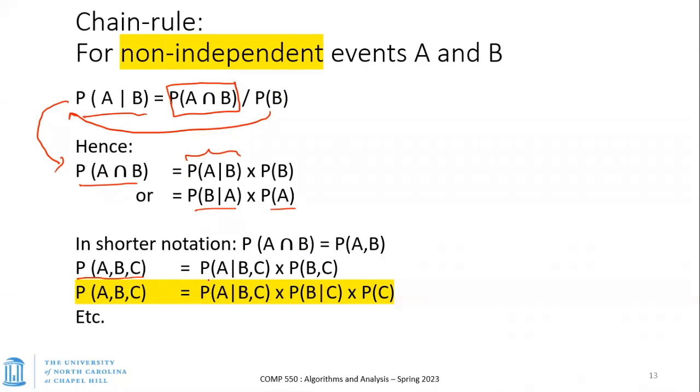We can keep expanding, and so we can express it in this form: A given B and C multiplied by the probability of B given C multiplied by probability of C. Okay, and this could be written in different ways. So you could say probability of C given A, B multiplied by, and you could express that in different ways. Okay, so this comes in handy once in a while. So it's useful to know this chain rule.